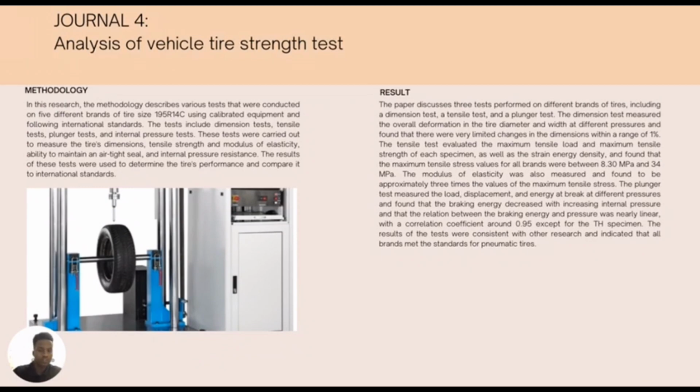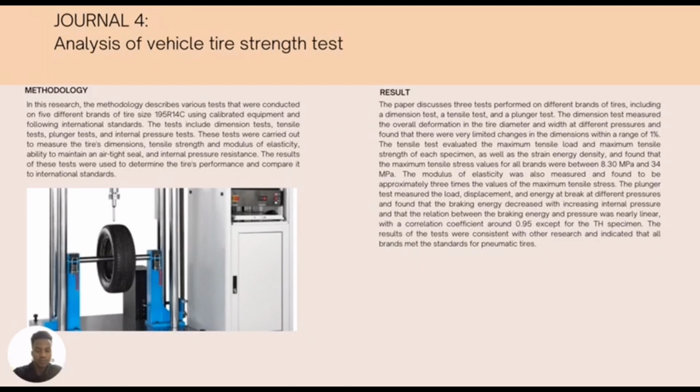For the summary from the journal, for the methodology, we can say that in this research, the methodology describes various tests that we conducted on 5 different brands of size 195R14C using calibrated equipment and following international standards. The tests include the dimension test, tensile test, Blinger test and internal pressure test.